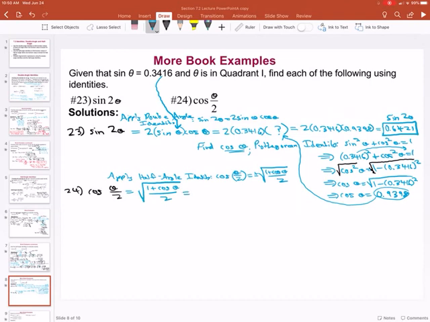And we found cosine theta. So cosine theta is equal to 0.9398. So this is 1 plus 0.9398, all divided by 2.